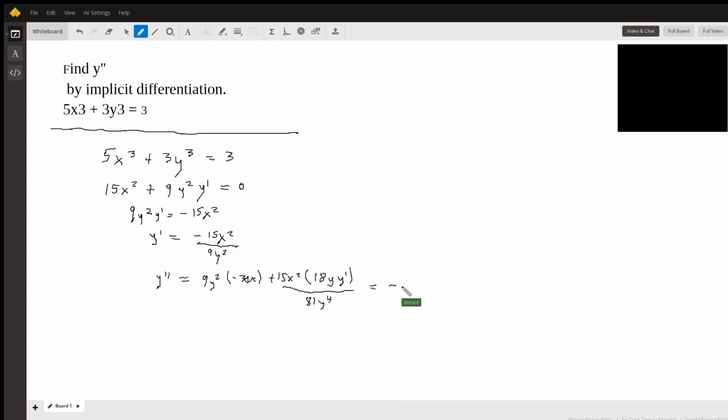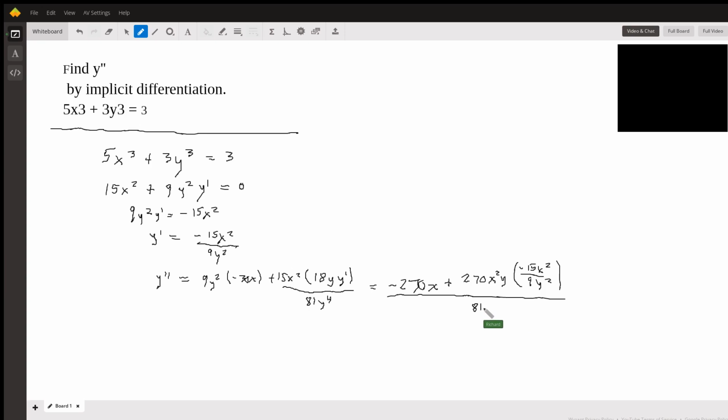So it's a negative 270x plus, let's see, 15 times 18 is 270 x squared y times y prime, which we know is negative 15x squared over 9y squared, all over this denominator.